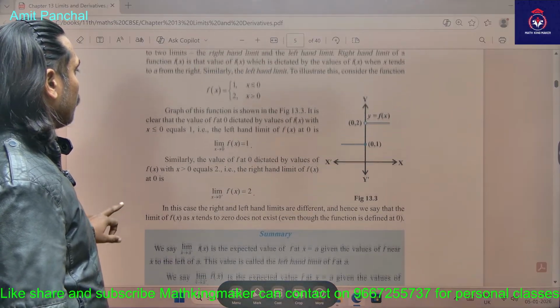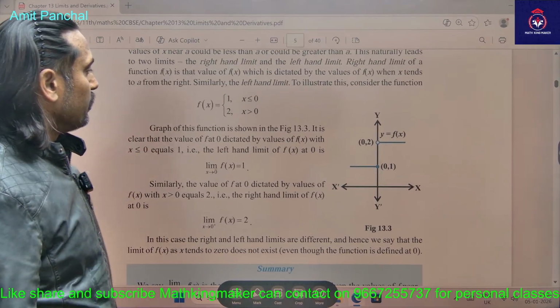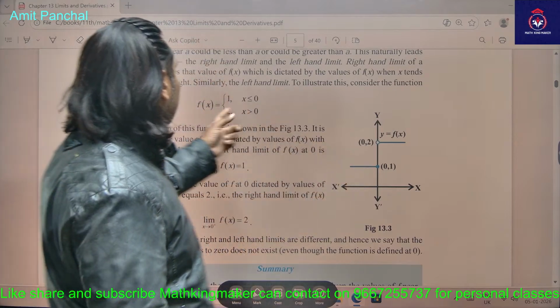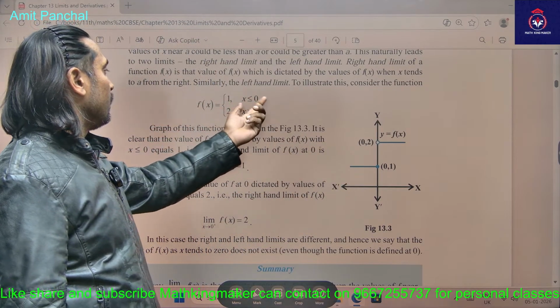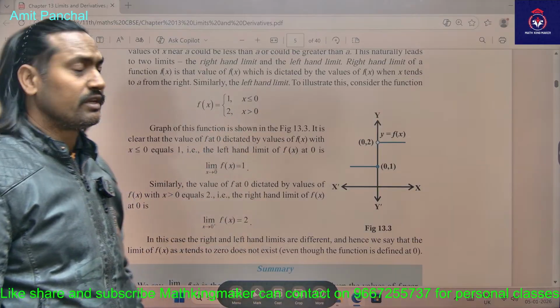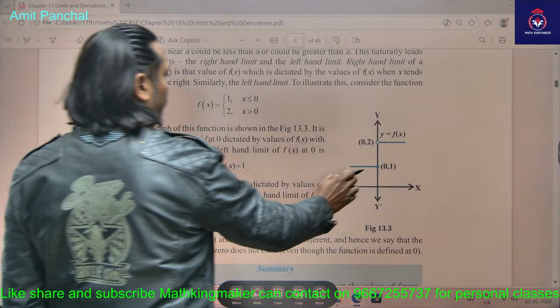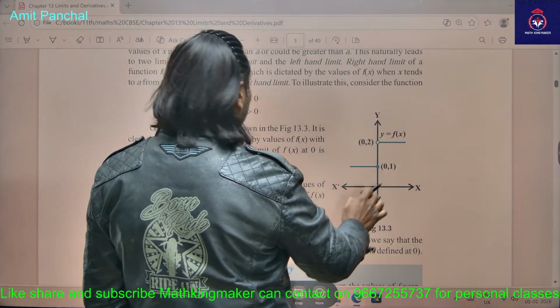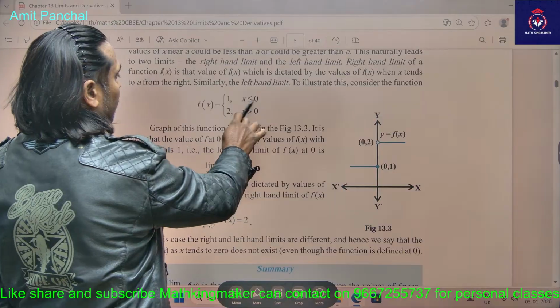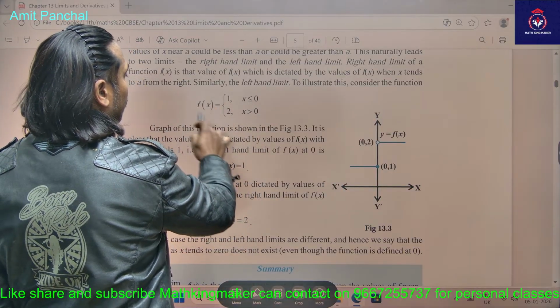In this one, this is a function f(x) equal to 1 when x is less than or equal to 0, and f(x) equal to 2 when x is greater than 0. That function will look like this. So if your value x is less than or equal to 0, then the function becomes 1.